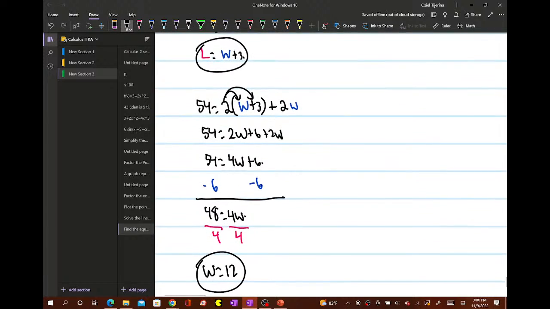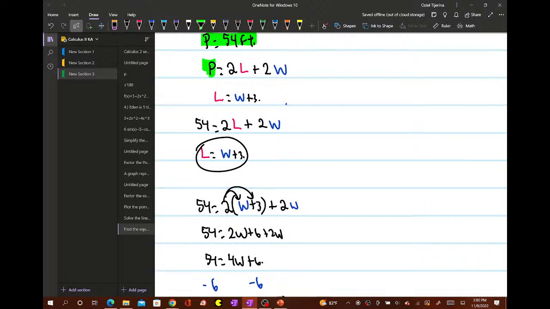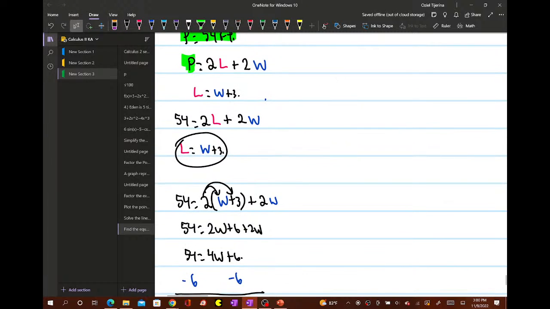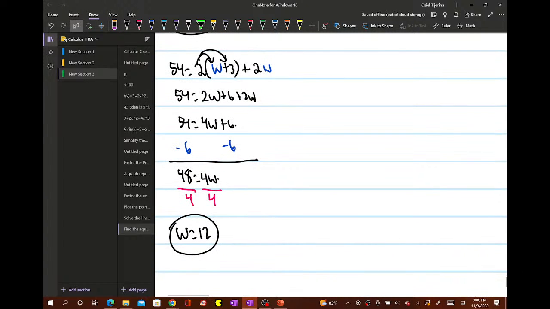So W is 12. That's one of the dimensions. Now the other dimension, we have to find the length, right? We know that the length is equal to W plus 3.